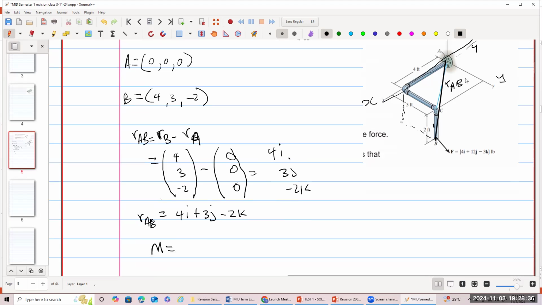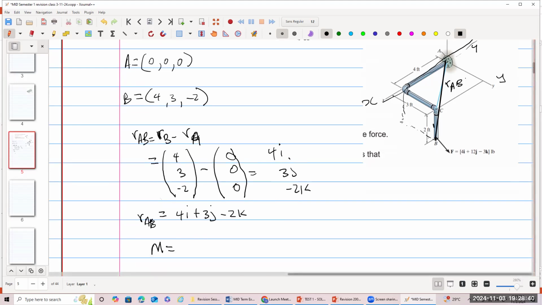Let's identify that before we move on. The unit vector along the x-axis is 1i plus 0j plus 0k. Everybody agree with that? Okay, so we are good there. So we have the unit vector ux.